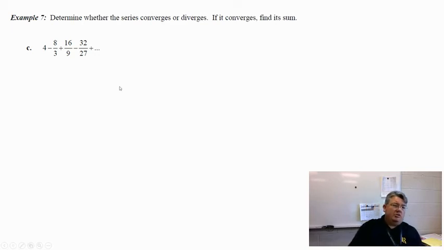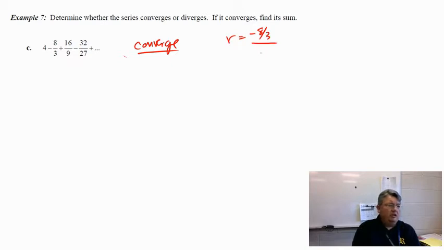Is this going to converge or diverge? 4, negative 8/3, 16/9, 32/27. Well, 4, big number. 32/27, that's just a little bit bigger than 1. So this is getting smaller. So this is going to converge. Okay? The ratio, I don't know what the ratio is. -8/3, all divided by 1.